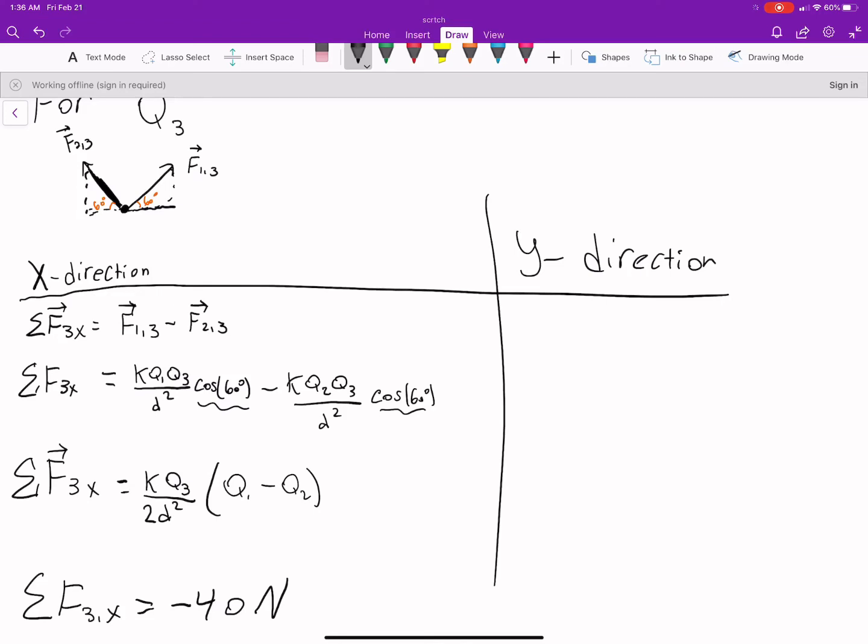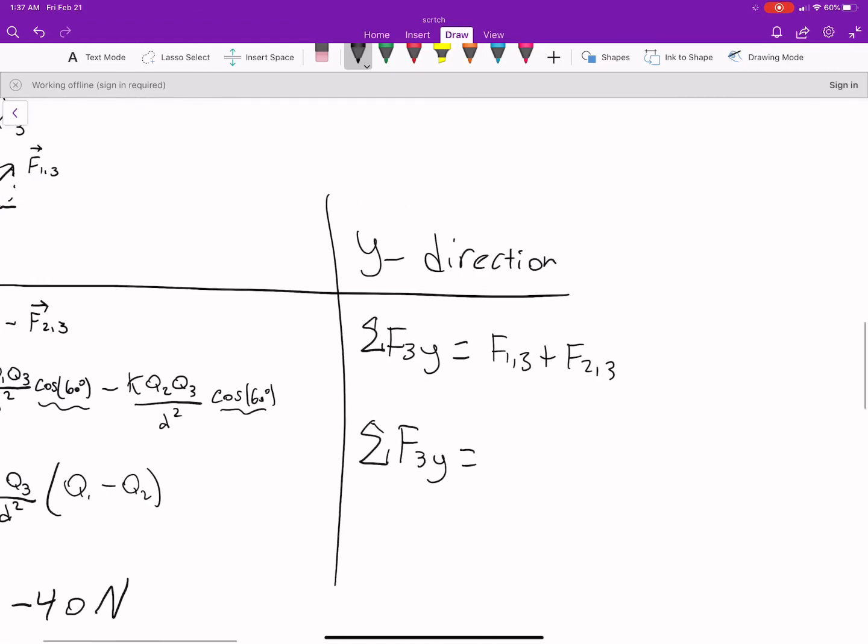So, now that we have that, we can do the exact same thing in the y direction. And let's see, they're both positive. So let's see what we get. So we'll do K, Q1, Q3 over D squared.